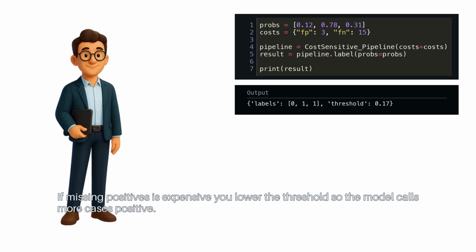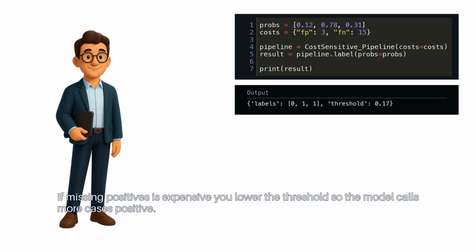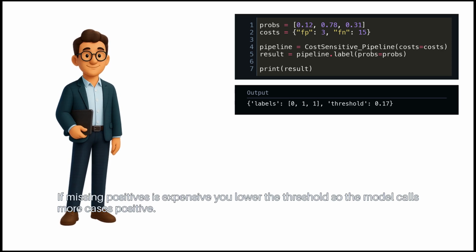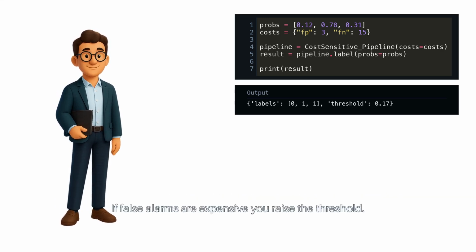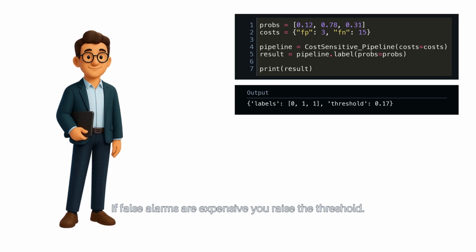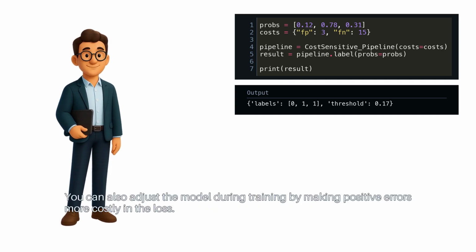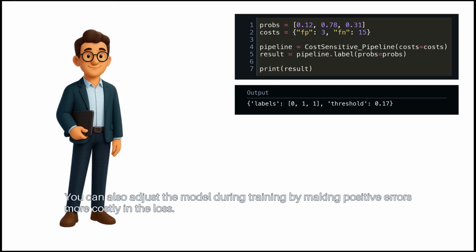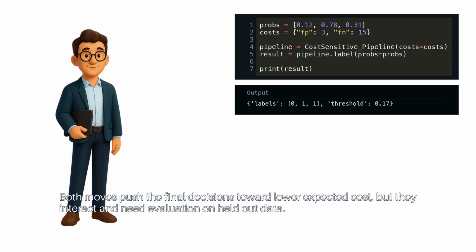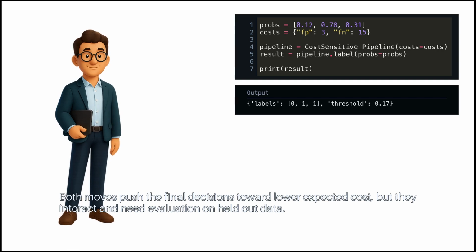If missing positives is expensive, you lower the threshold so the model calls more cases positive. If false alarms are expensive, you raise the threshold. You can also adjust the model during training by making positive errors more costly in the loss. Both moves push the final decisions toward lower expected cost, but they interact and need evaluation on held-out data.